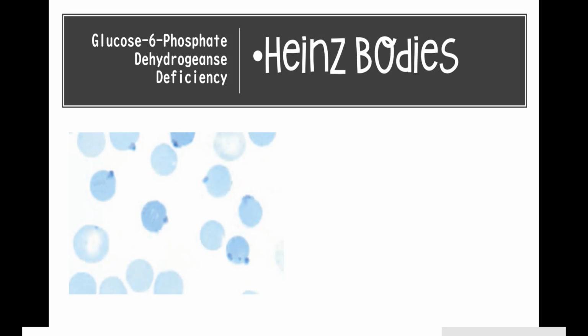If there will be other foreign bodies such as these Heinz bodies, Heinz bodies are, by the way, considered as foreign because these Heinz bodies come from a defective hemoglobin.